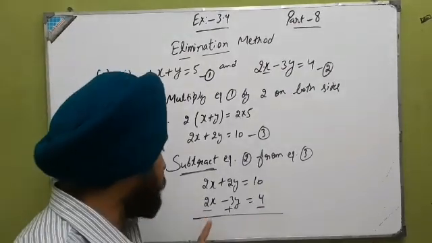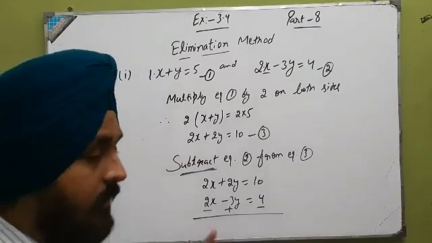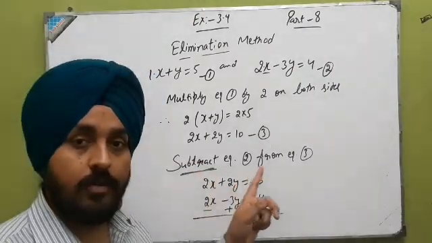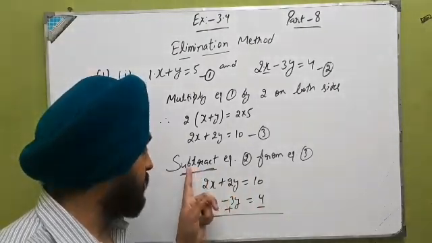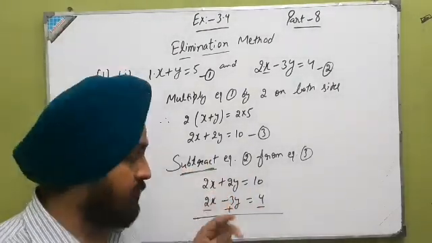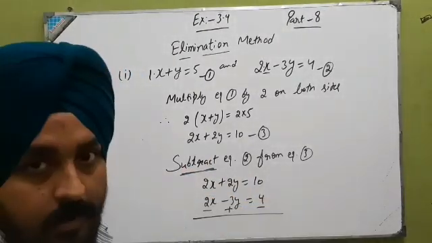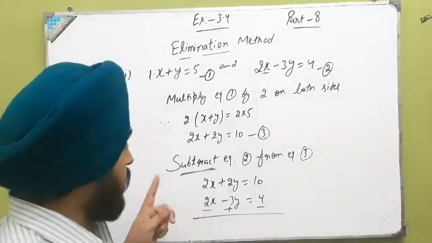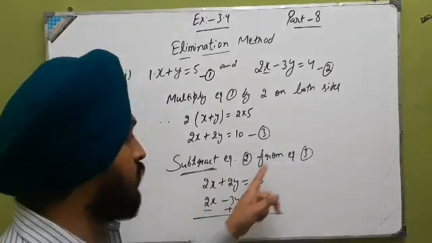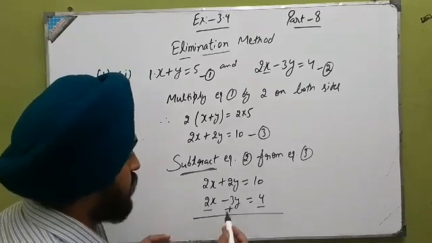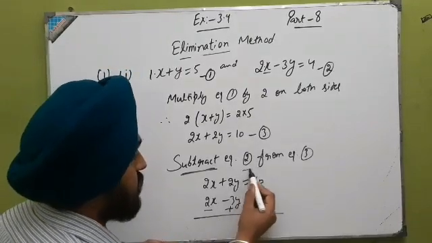The sign changes only in one condition, when you are subtracting equation 2 from equation 3. Clear? When subtracting, you can add also, but that condition is different. I will show you in the next question. But here I am subtracting equation 2 from equation 3, so I have to change the sign of each term of equation 2.